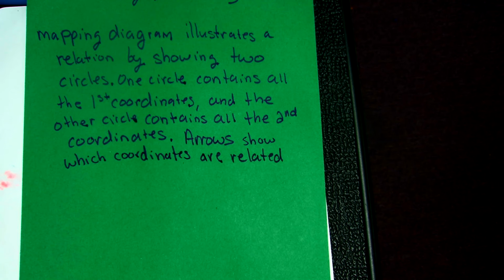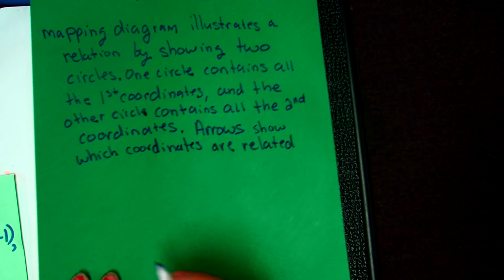Let's do an example of how that works. We're going to draw a circle mapping for the relations that we had in example 2. This is actually example 3 that we're working on.